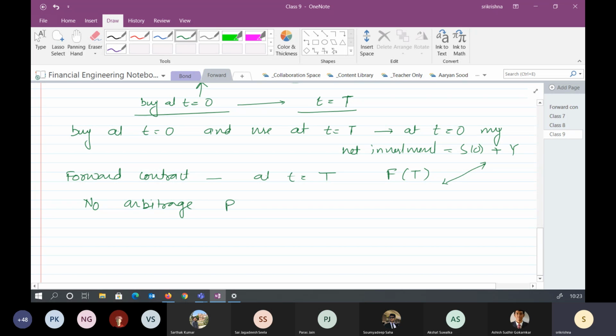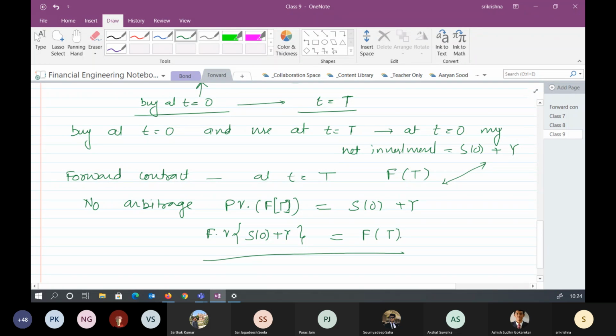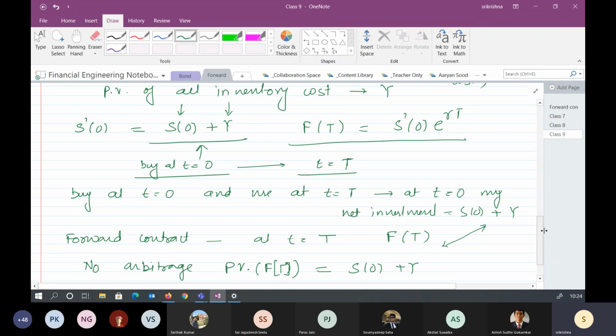It means that either we can write it as the present value of FT should be equal to S naught plus Y, or we should write it as the future value of S naught plus Y should be equal to FT for no arbitrage. And from any of this you apply, you will get this same formula.